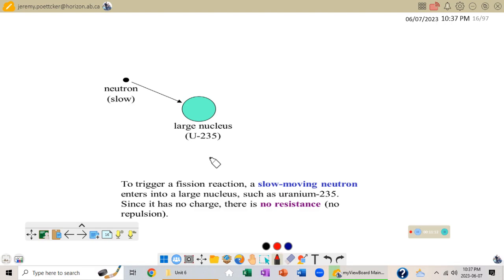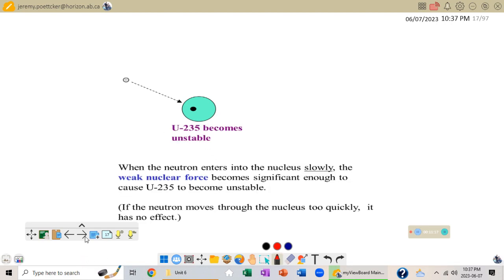Since it has no charge, there is no extra repulsion. But when it enters slowly, the weak nuclear force becomes significant enough that it causes the uranium-235 to become unstable. If the neutron moves through the nucleus too quickly, it actually doesn't have any effect. The instability is overcome as the neutron leaves.